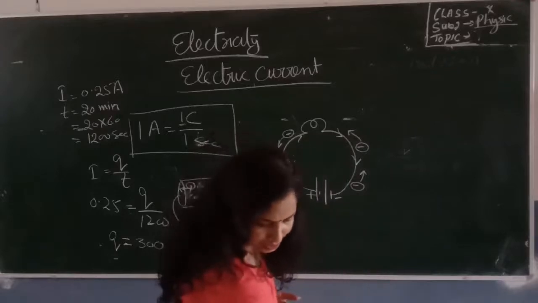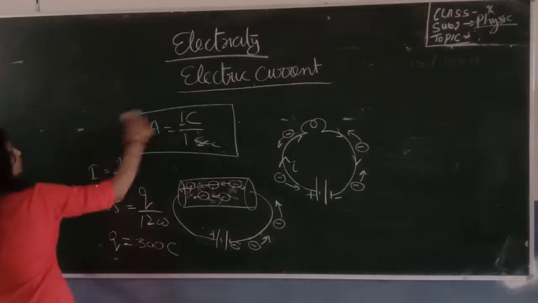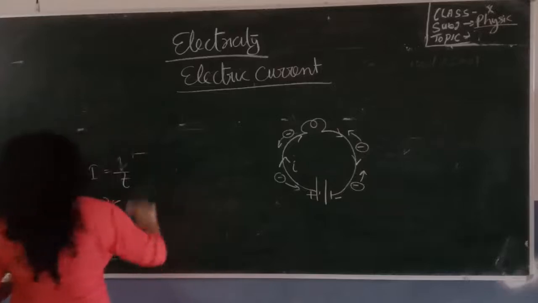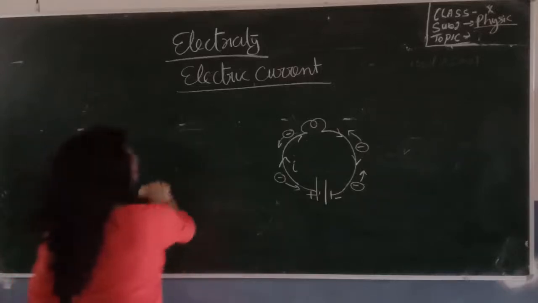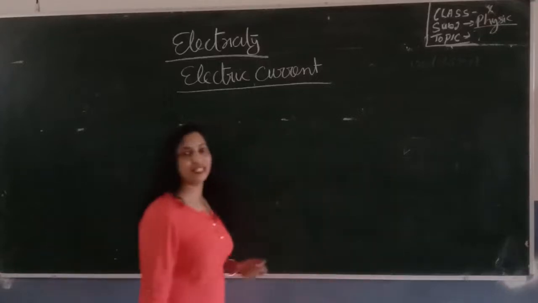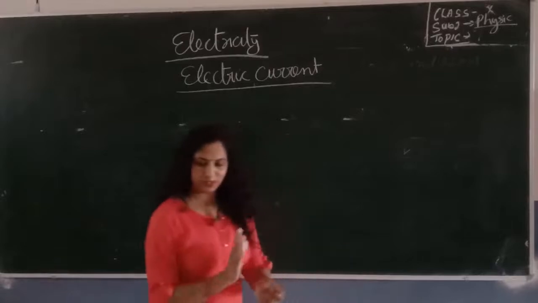Now let us discuss the electric circuit. An electric circuit is one in which we have a connecting wire, a battery or a cell, a resistance wire, which can even be a bulb.